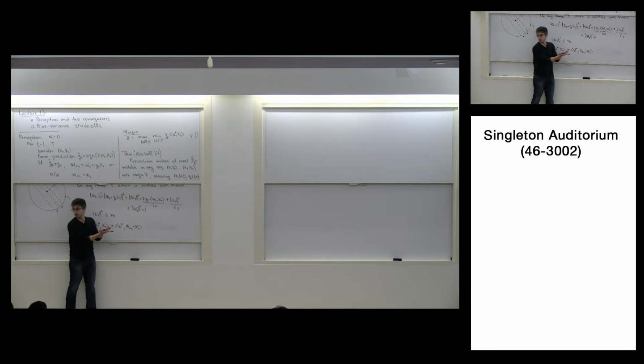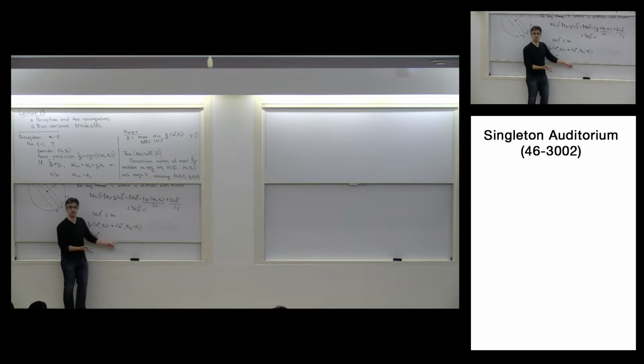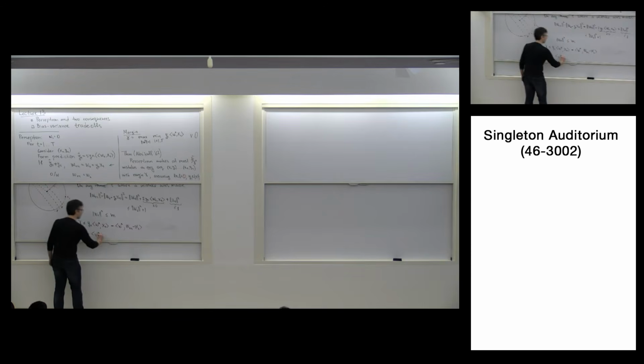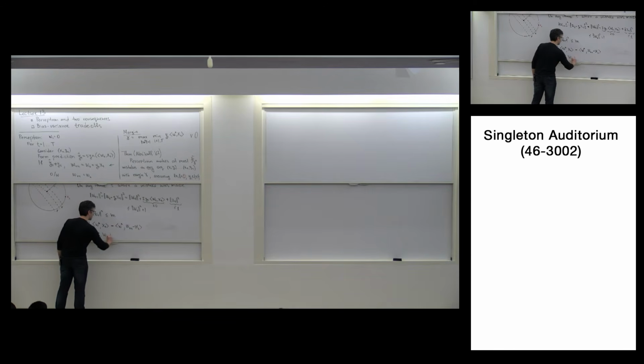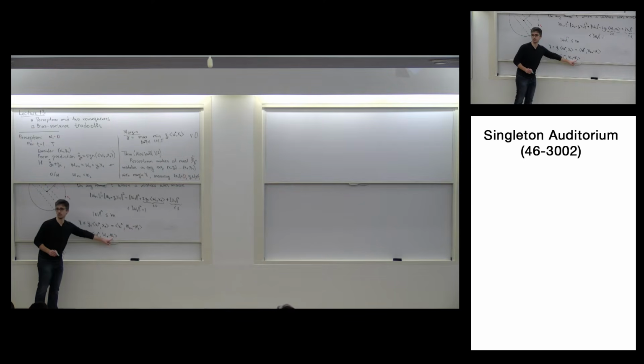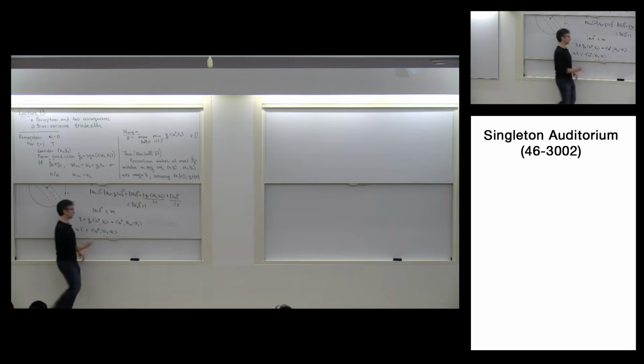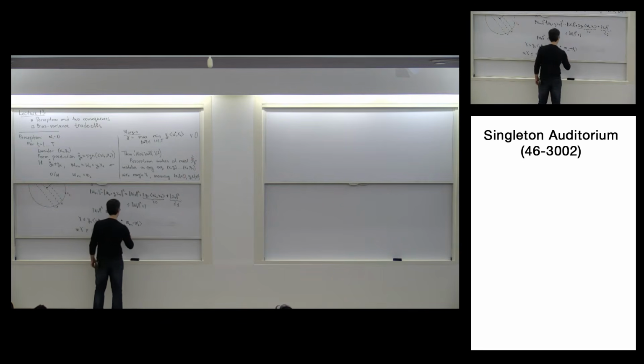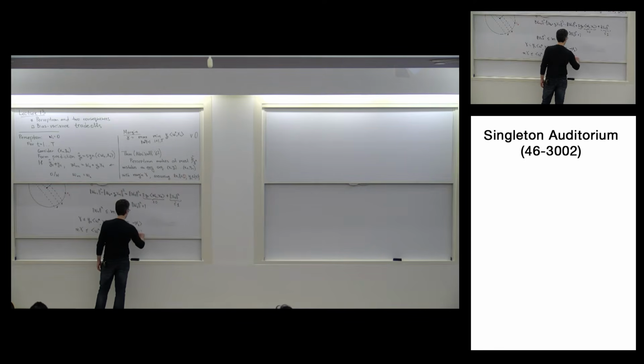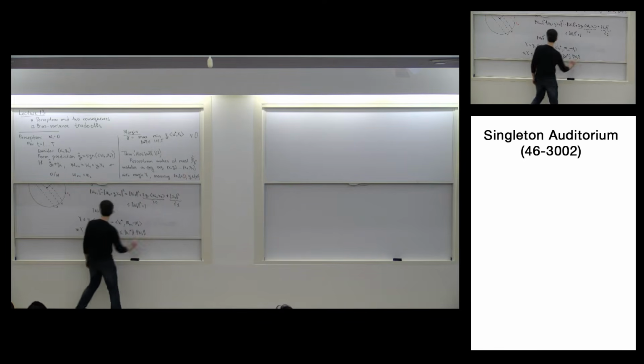Now they all telescope. That's something you can check offline. They all telescope, you get w_T minus w_1. But w_1 is 0. We started from 0. And now we're going to use the fact that this is upper bounded by the norm of w star times the norm of w_T.